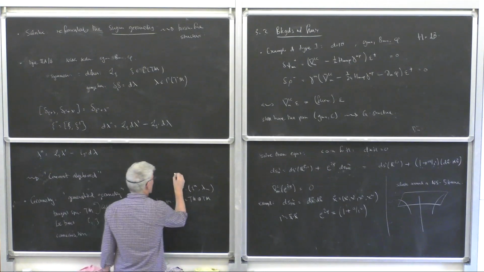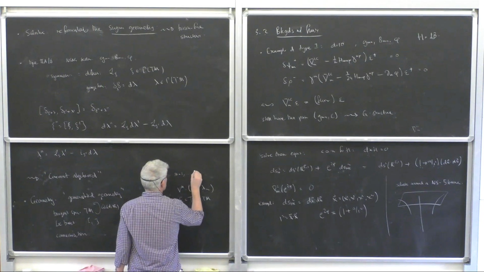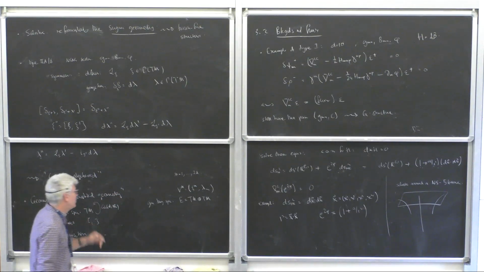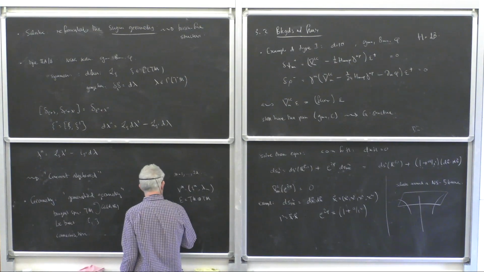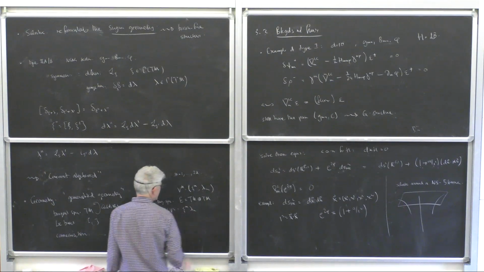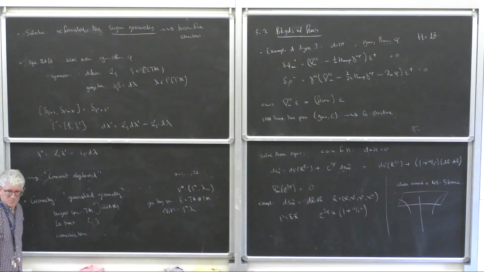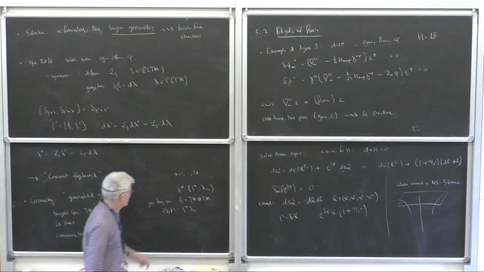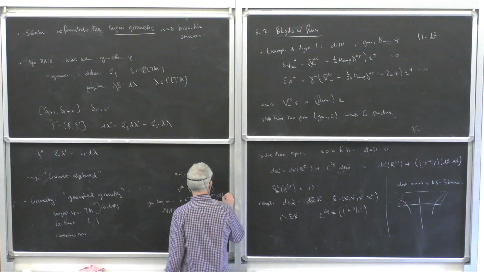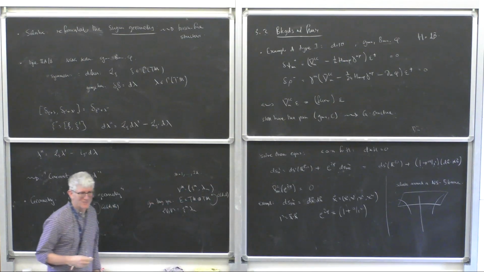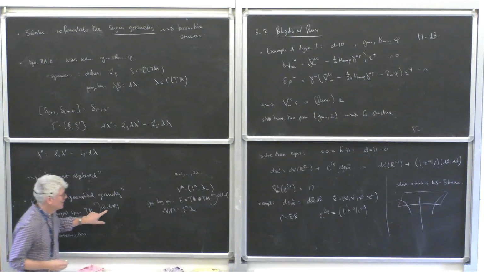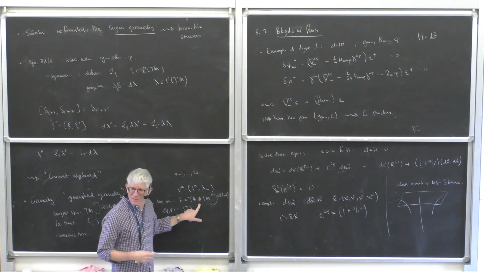So this index now is running from 1 to 2D. And on here, there's a natural pairing where I just contract the two bits. And this thing is actually invariant under an O(D,D) group. So there's an action of O(D,D) on this. Just believe me. So the analog of this GL(D) acting here is an O(D,D) group acting here.